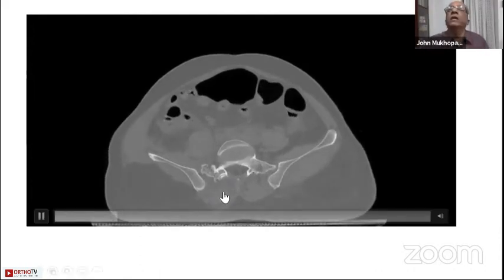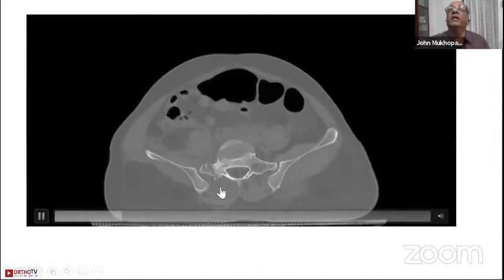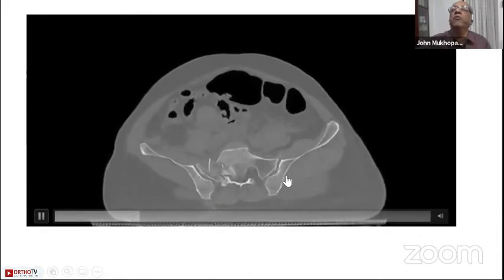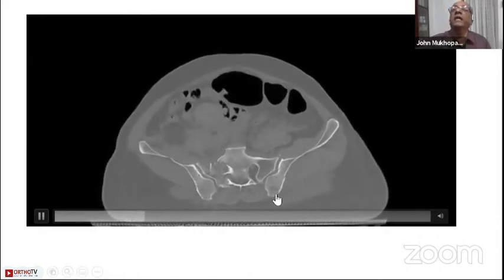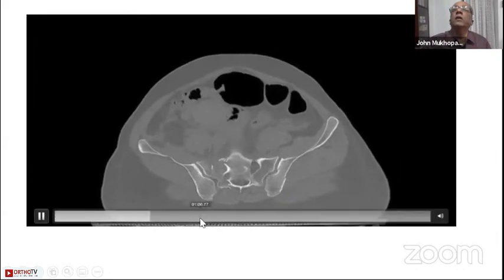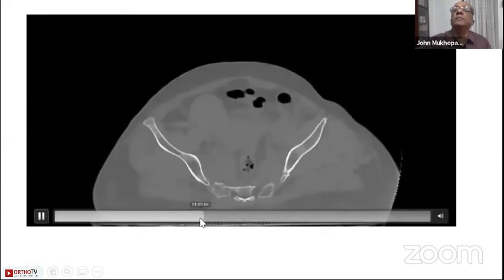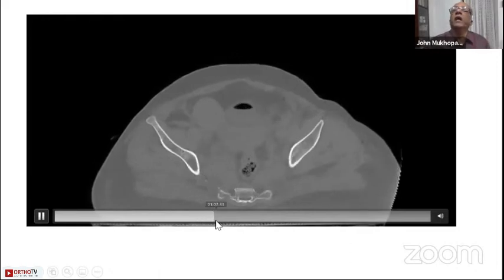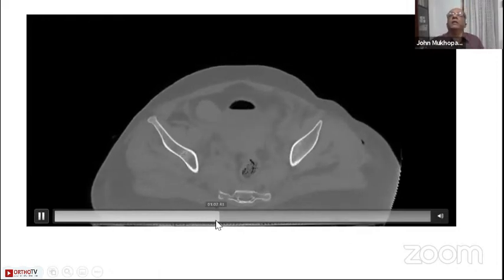The fracture goes down extensively onto this side with some displacement of the SI joint. And as you come down lower, you can see the crescent type of fracture on the opposite side. You go down further, you come to the level of the hip joint. Okay, so you can see any injury in the hip joint as well.